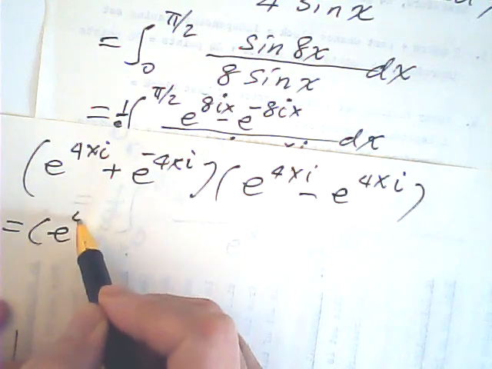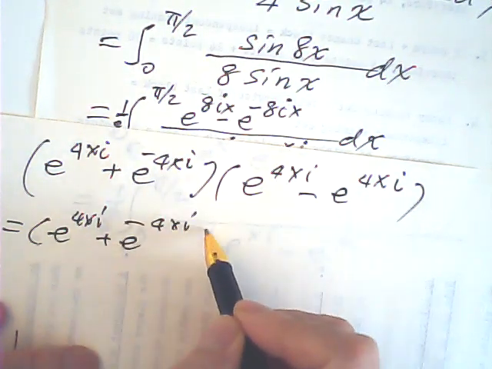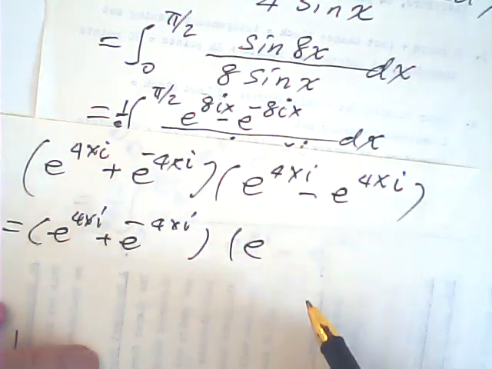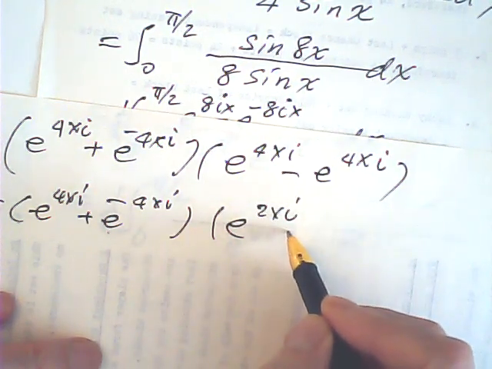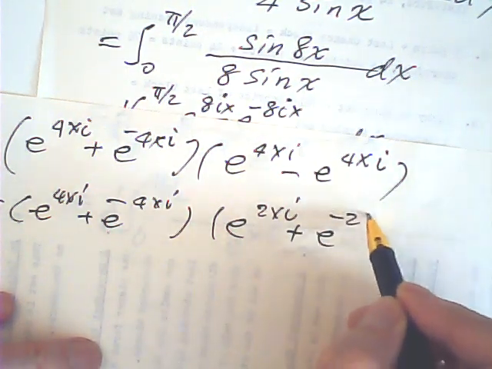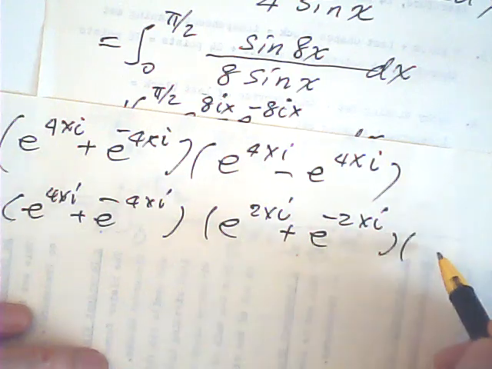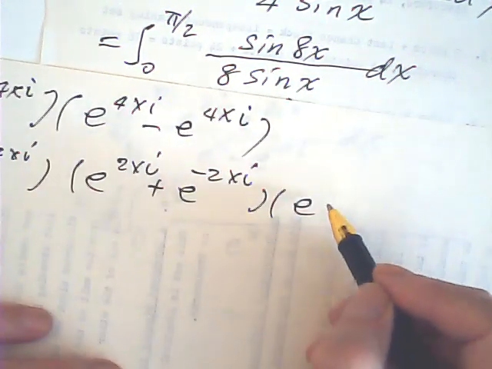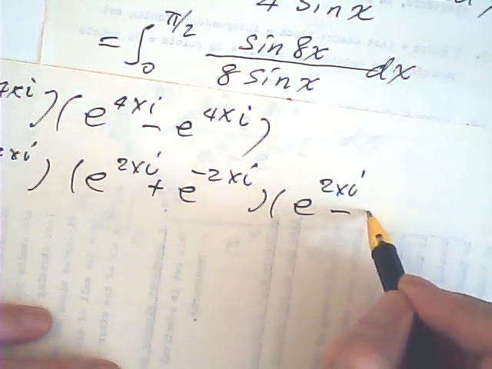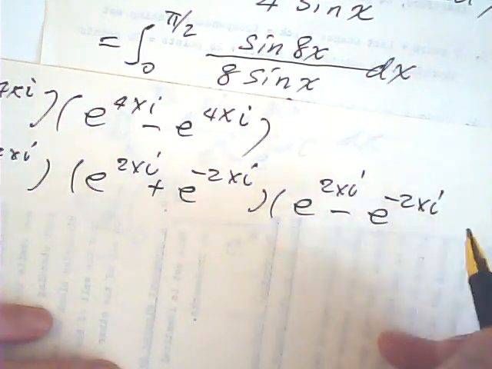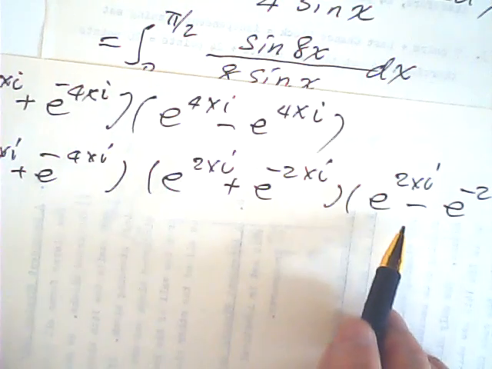Now this one can factor again. This is e to the 4xi plus e to the negative 4xi. This becomes e to the 2xi plus e to the negative 2xi multiplied by e to the 2xi minus e to the negative 2xi, right? And this one can be further factored.